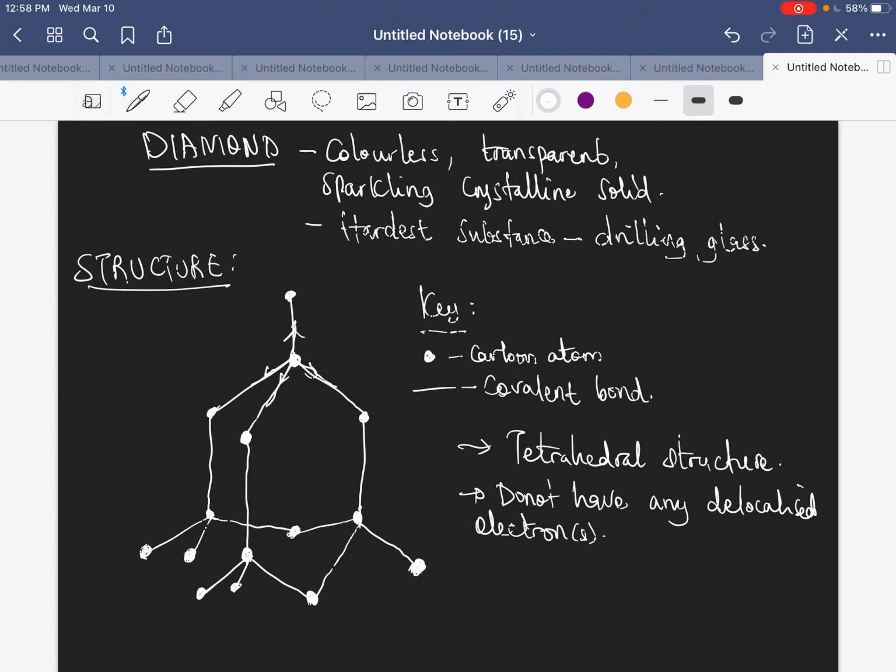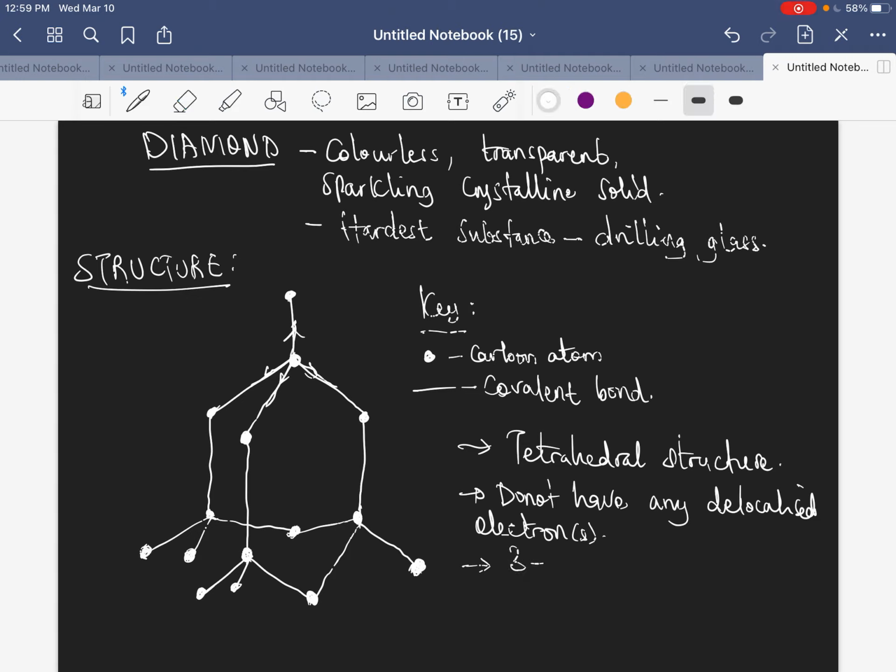Next, we say that graphite has a 2-dimensional layered structure, if you remember. Now, for diamond, it is 3-dimensional because it's continuous. Since the structure is continuous, we say it is a 3-dimensional structure.